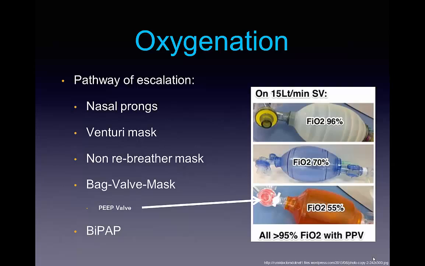This type of ventilation with a bag valve mask and a PEEP valve, which provides positive end expiratory pressure when the patient exhales through that mask, reliably generates an FiO2 of 1 or 100%. BiPAP or CPAP can also be used.